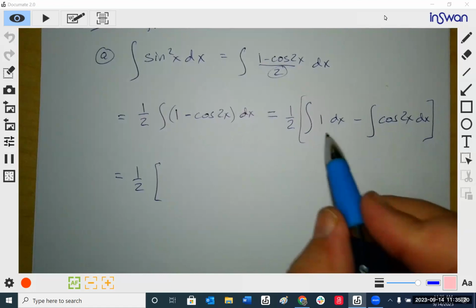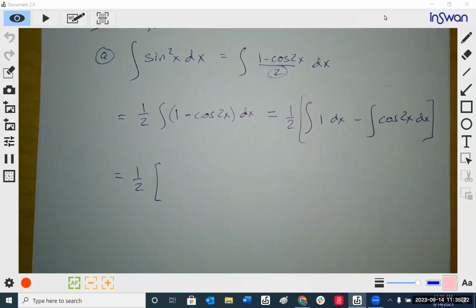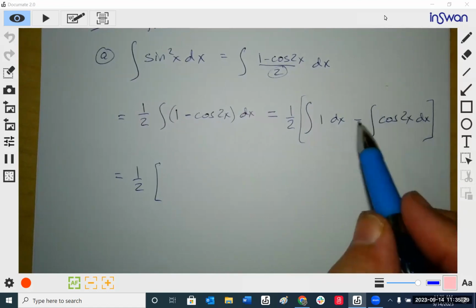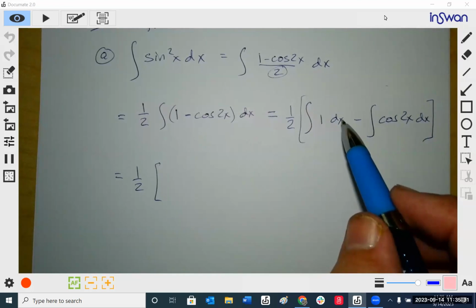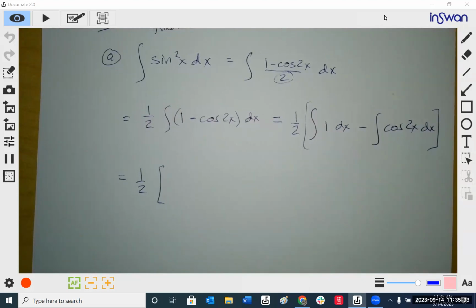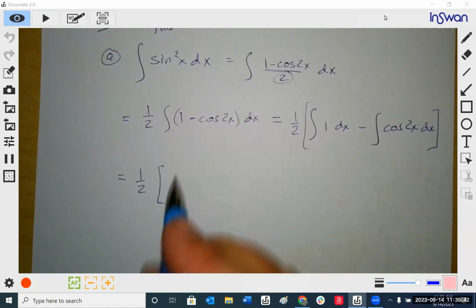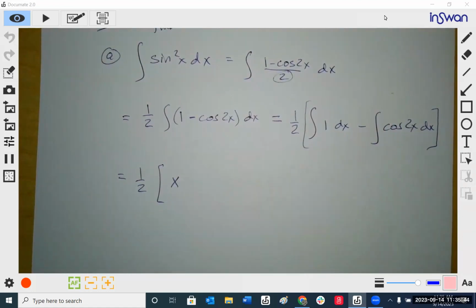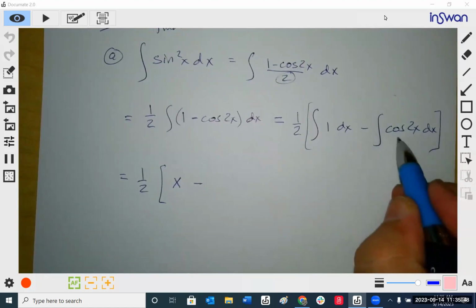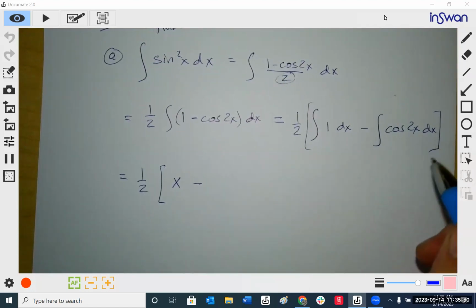What function has a derivative of 1? What's the integral of 1? Or what function do I give you, so that if you take the derivative, it equals 1? x. Right. Minus the integral of cosine 2x.